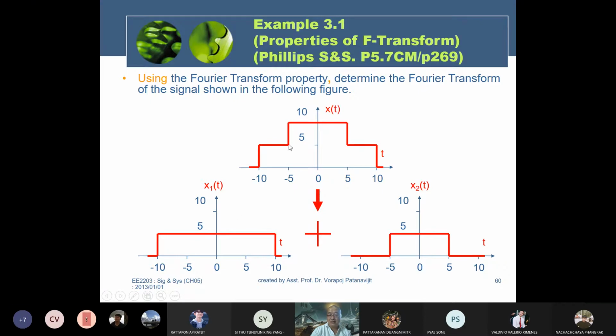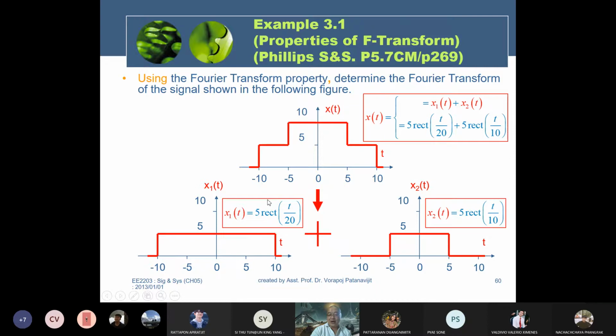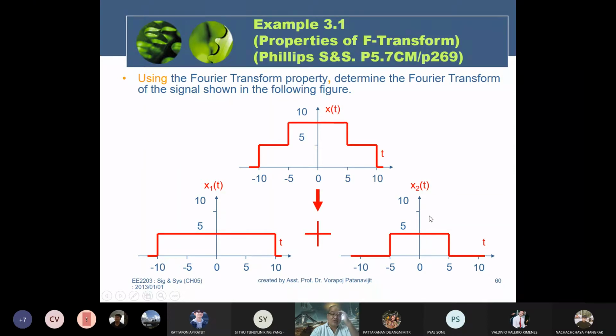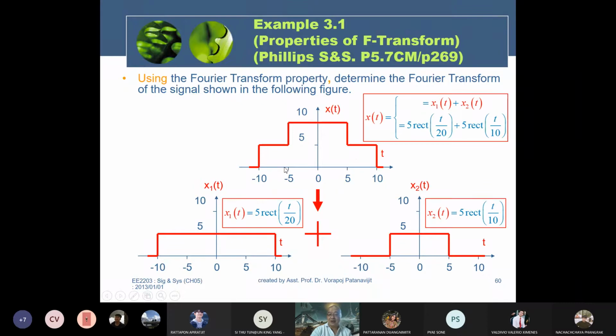You can see that when you add them, they give you this signal. x1 is a rectangle, x2 is a rectangle too. You can determine the Fourier transforms of x1 and x2 easily, and the Fourier transform of the final result equals the sum of those of x1 and x2.